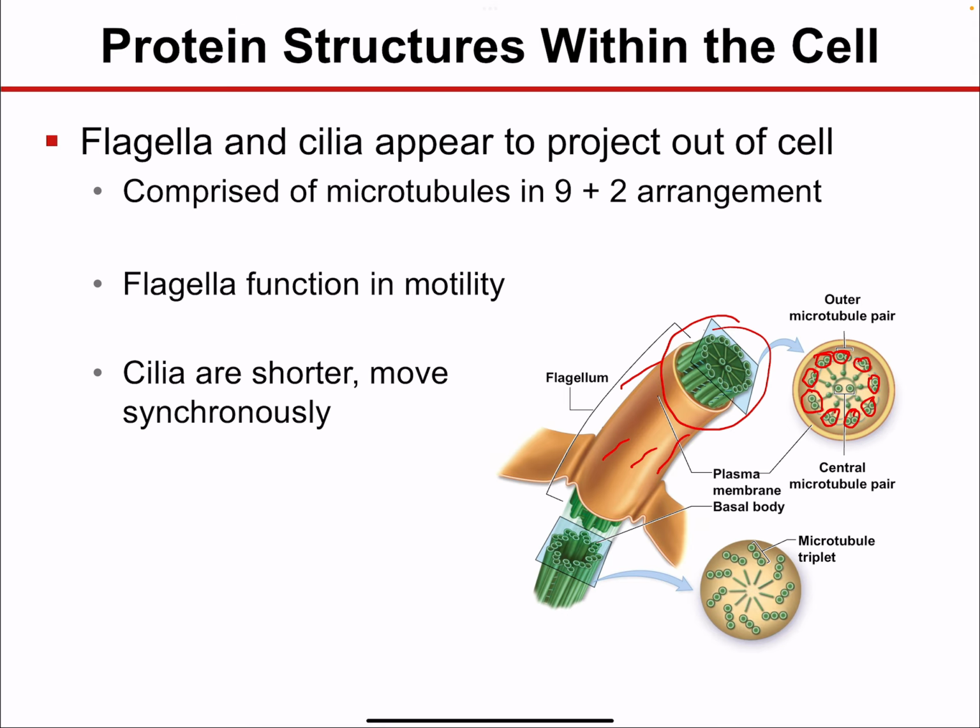Within the middle, 2 microtubules here. That is the very reason why we say that the flagellum of eukaryotic cell, the filament part, has a structural organization of 9 plus 2. Okay, 9 doublet and 2 microtubules in the middle.